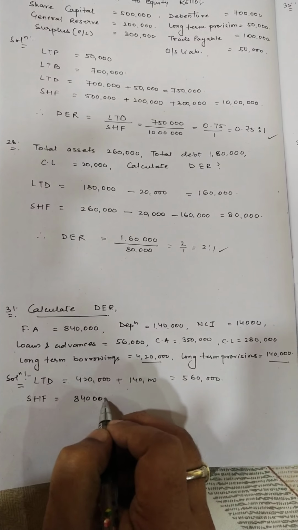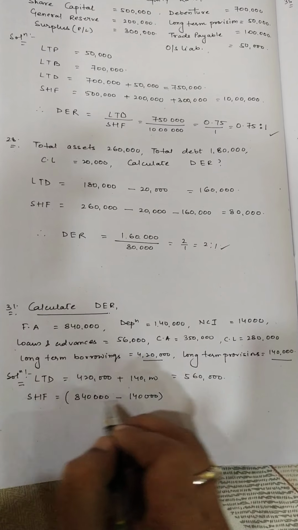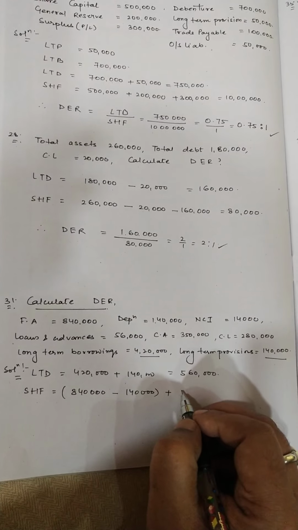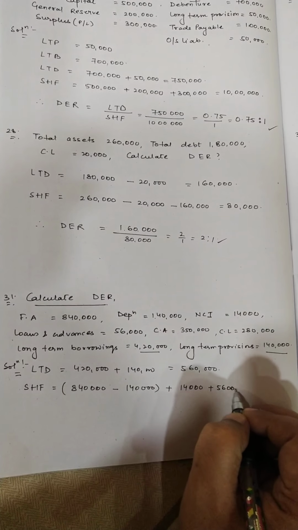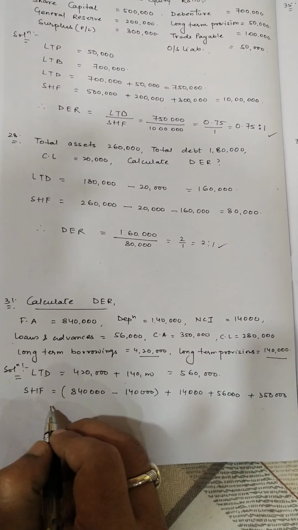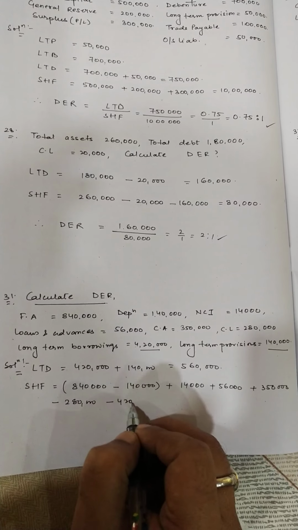We have total assets, fixed assets less depreciation. If depreciation is there, then we have to deduct it from the fixed assets. Next is non-current investment, loans and advances, current assets. Just add up all the assets and deduct the liabilities, and you will get the SHF.